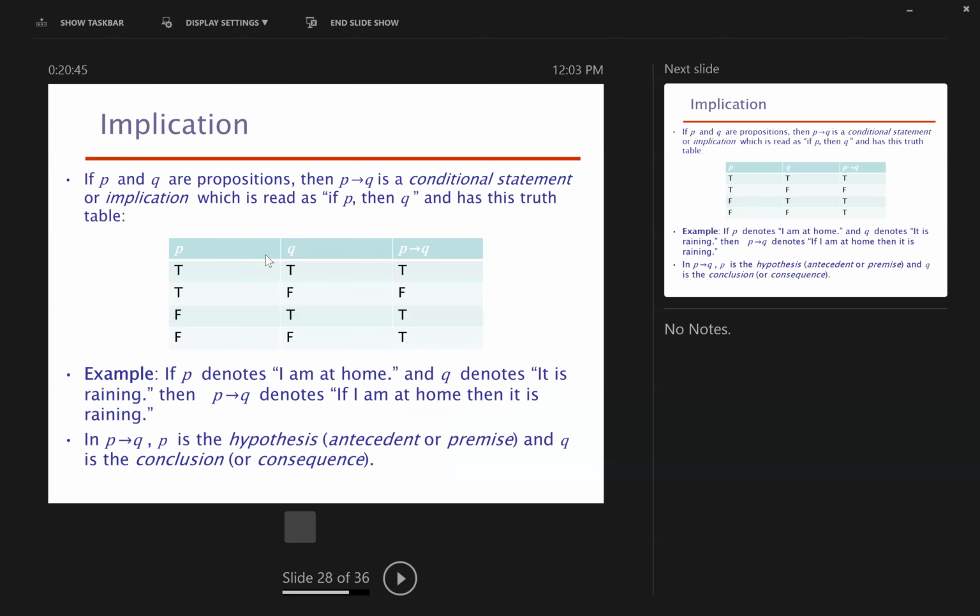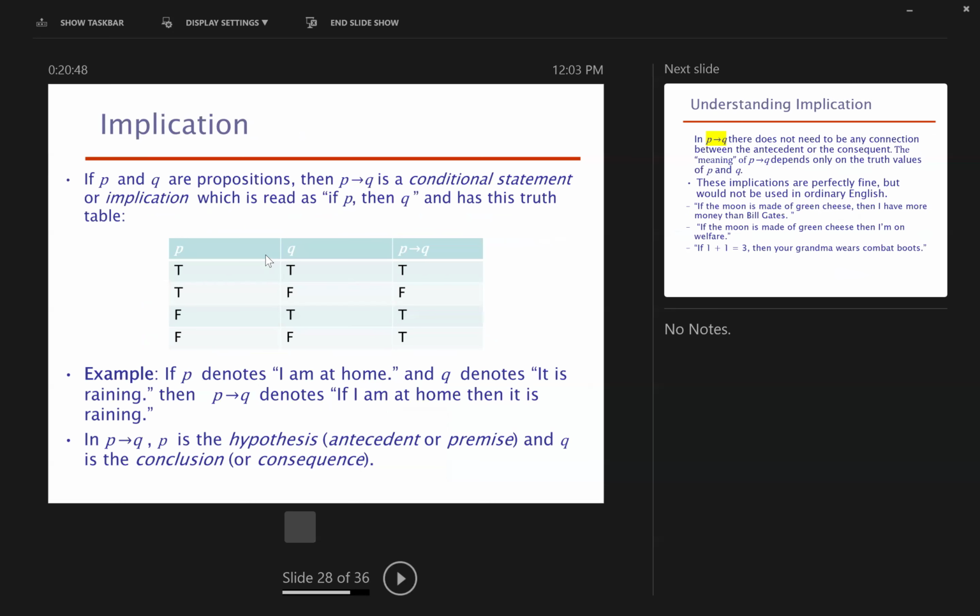Then we also saw the implication. It's only false if the antecedent is true and the consequent is false. But if it's false and then it's true, we still get true. So we only get false if the first is true, then the second is false.